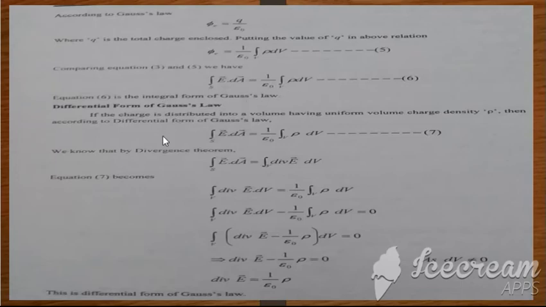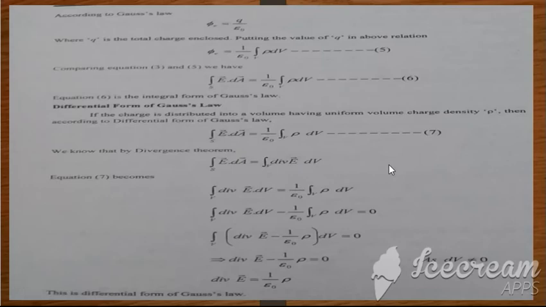Now the differential form of Gauss's law. If the charge is distributed over a volume having uniform volume charge density rho, then surface integral E dot dA is equal to 1 over epsilon naught volume integral rho dV.